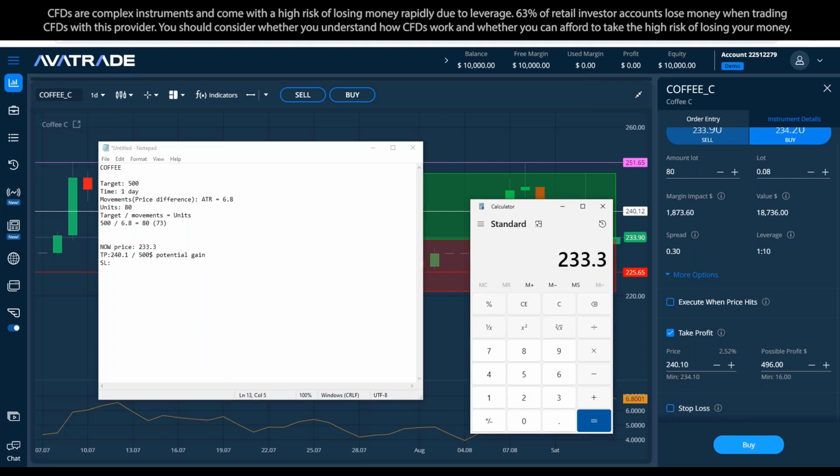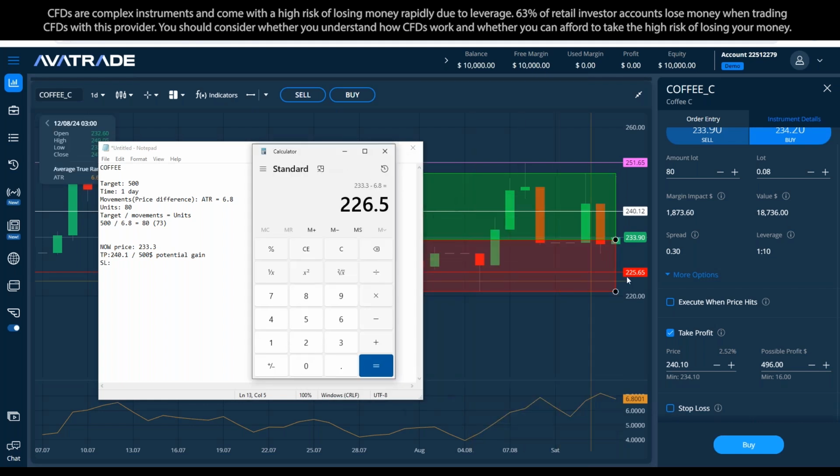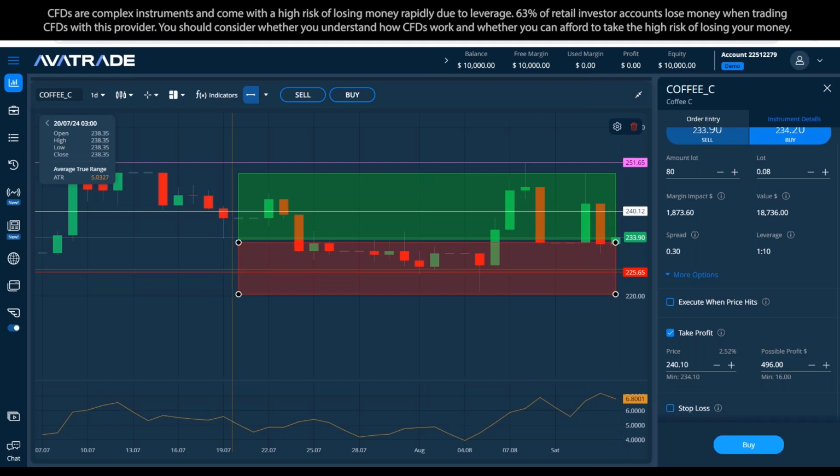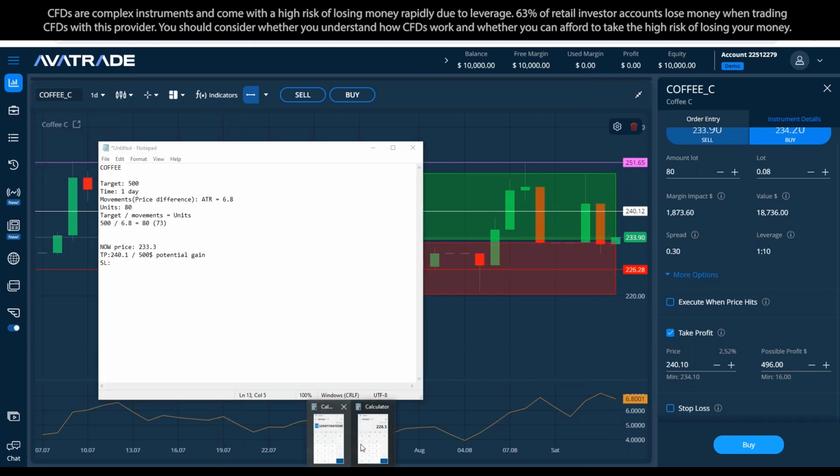Therefore, 233.3 minus 6.8 is 226, which is not exactly, but 226. And as you can see, if I put it here, I will potentially make $500 or lose potentially $500.